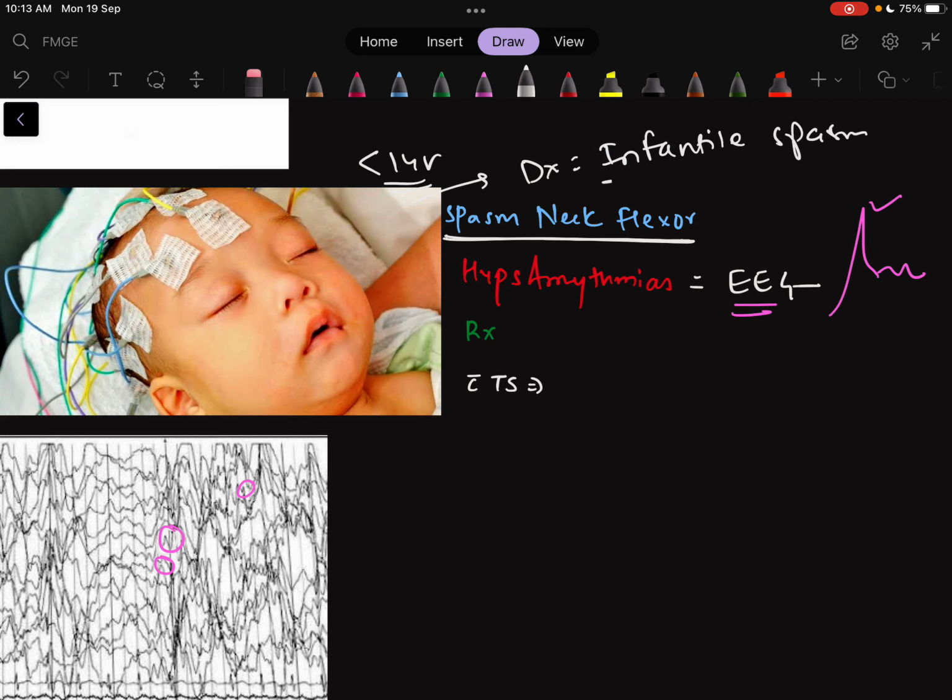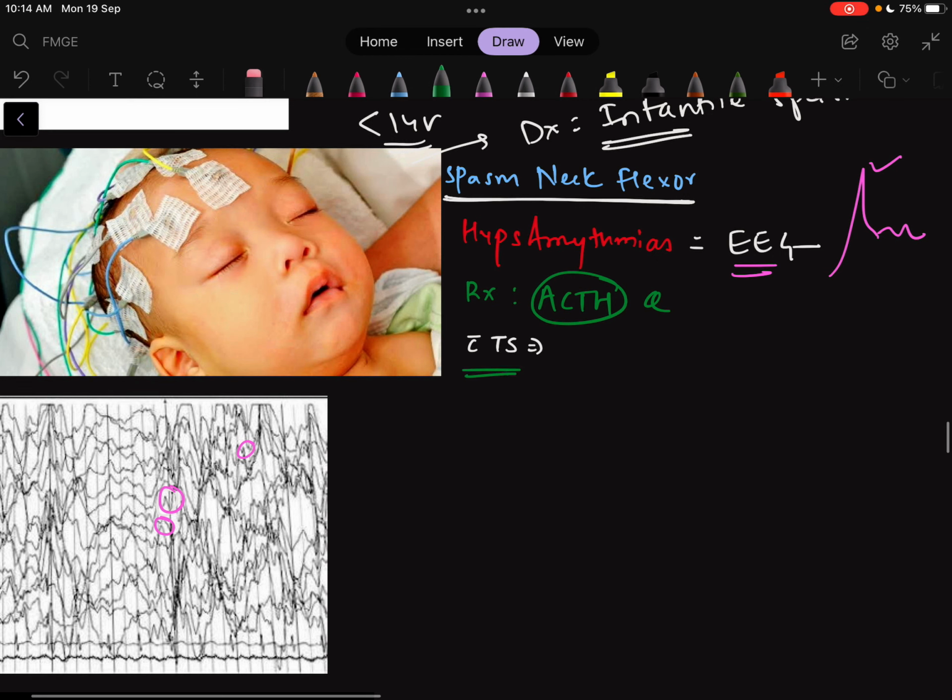Less than 1 year child is an infant, and neck flexors go into spasm. Types can be cryptogenic or symptomatic. Idiopathic or cryptogenic has better prognosis, and symptomatic one has poor prognosis because an underlying brain lesion is there. The treatment for infantile spasm is ACTH. This is an important question. ACTH, adrenocorticotropic hormone. If this is associated with tuberous sclerosis, then treatment will be vigabatrin.